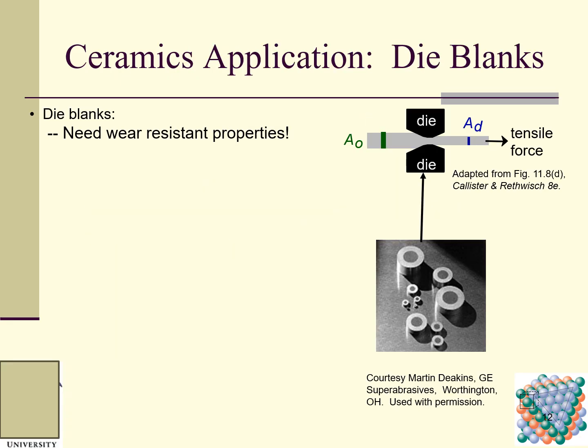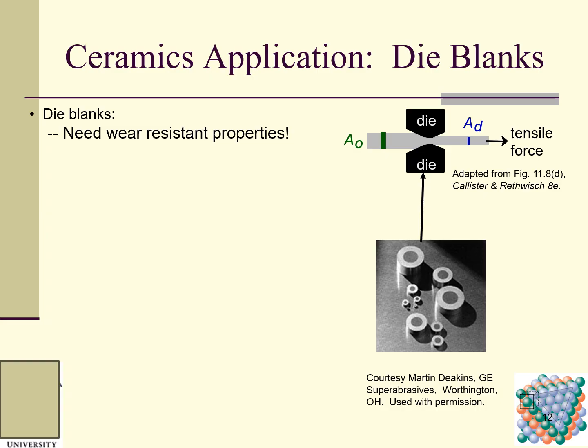Ceramics applications. First, they have been used as dies. Die blanks need wear resistant properties. You can see here, this is a die, and we have a very heavy duty machine that can pull this material and provide a tensile force for this sample.